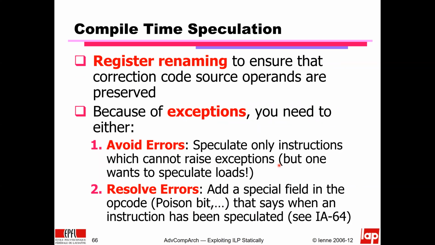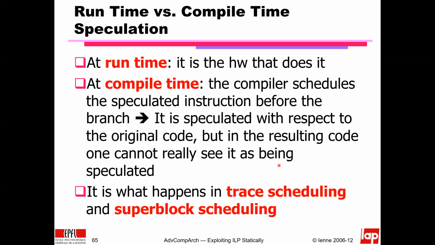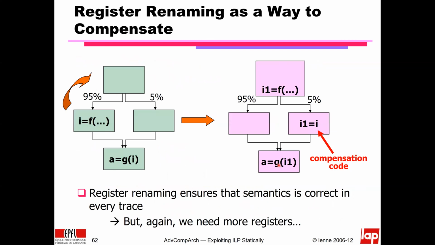One of the problems that you are going to incur is exceptions, right? Why do you have problems with exceptions? Because you are moving code that was here, and it is exactly the same thing that we were discussing some weeks ago, when we were executing something before knowing if it has to be executed. And if this something may create an exception, we have a problem, right?